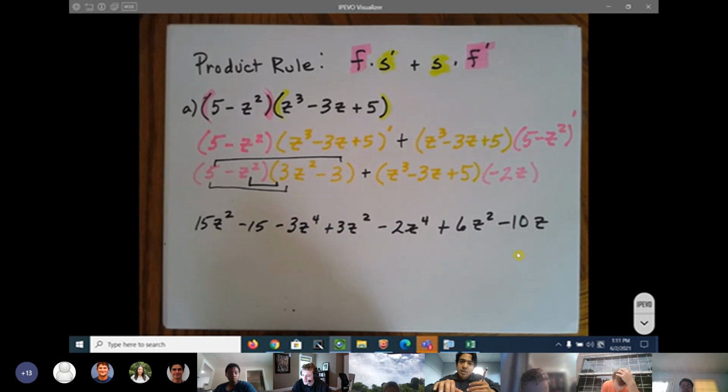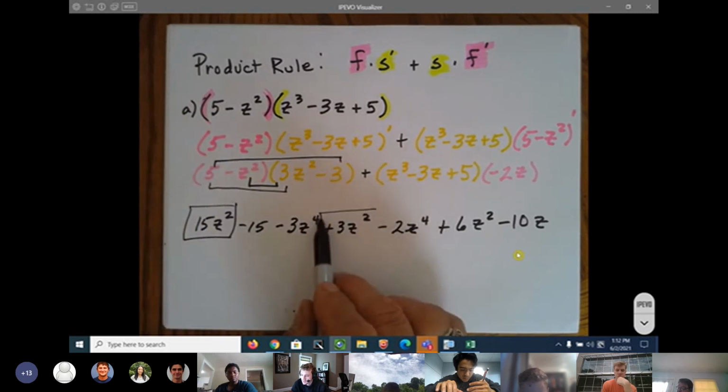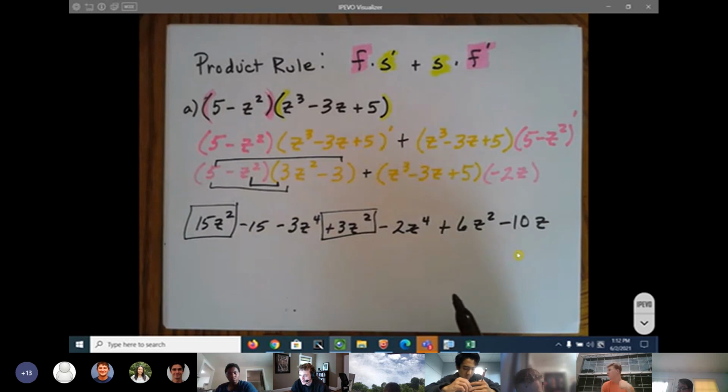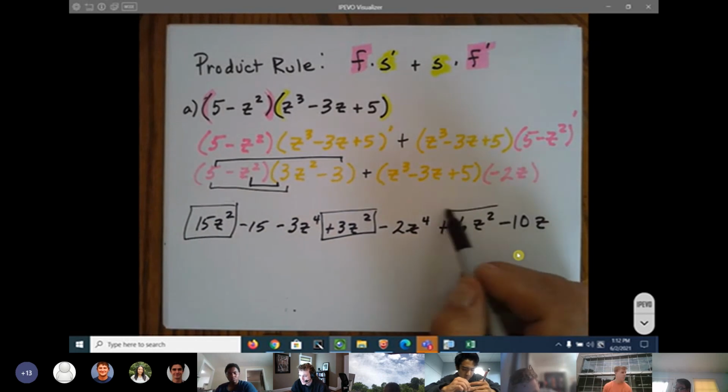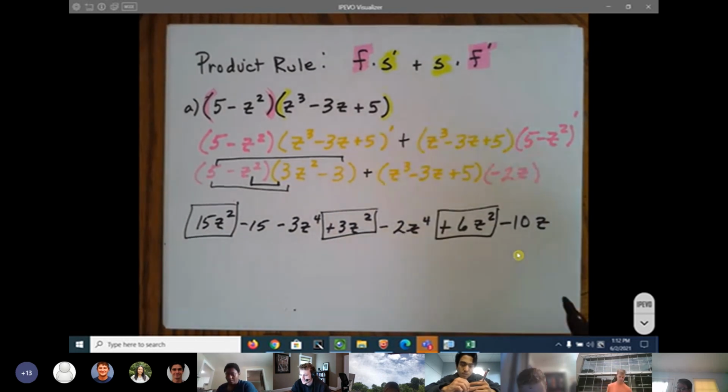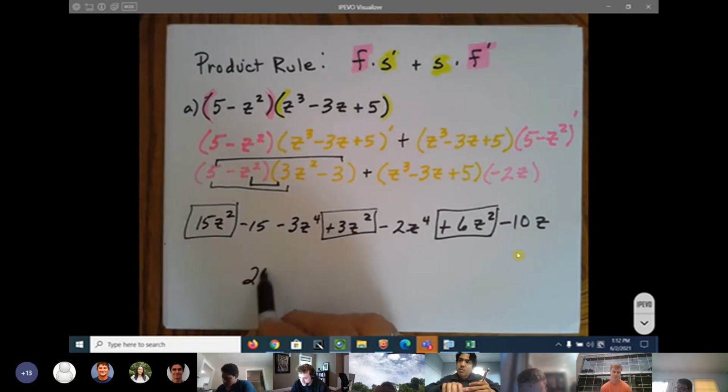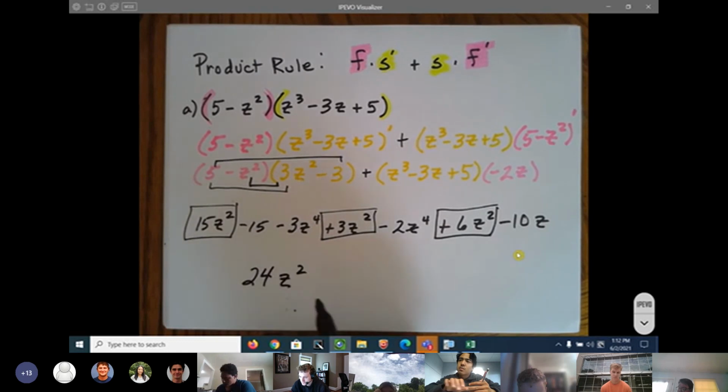Okay, 15z squared. There's a z squared, there's a z squared. So 15, 18, 24. Somebody help me out. 24z squared.